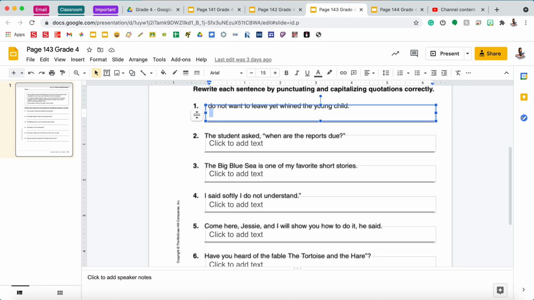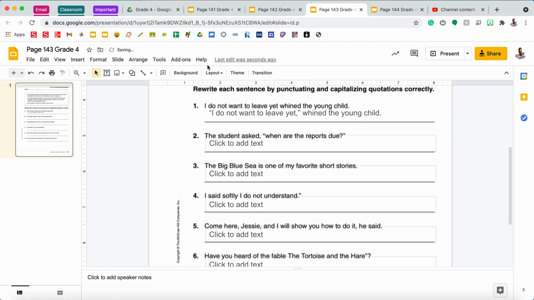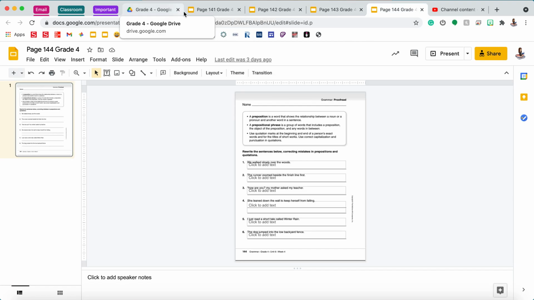So I am going to put that in quotations because I still have a sentence continuing after. I'm going to put a comma, my closing quotations, and finish out the sentence. You will finish this page with the same directions. This will be due on Wednesday.